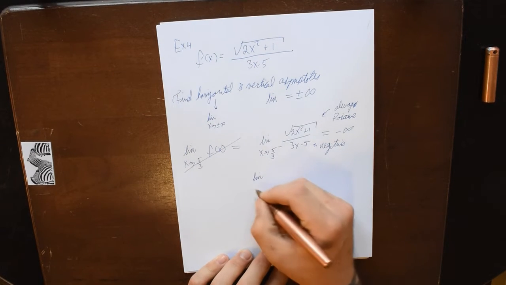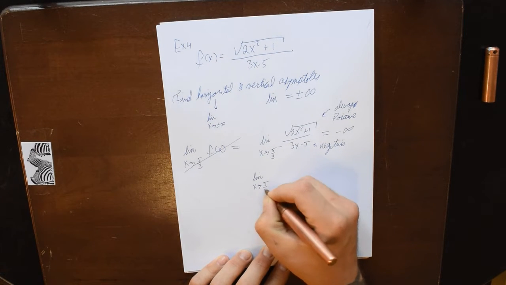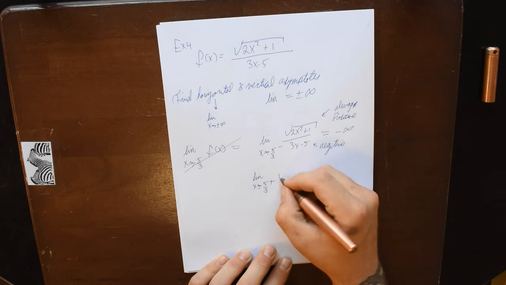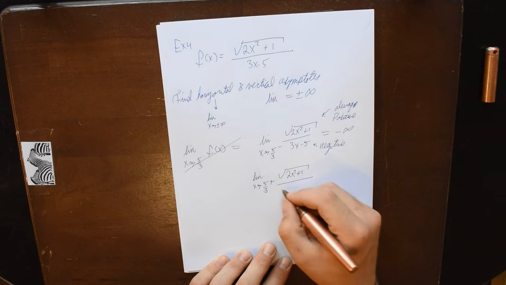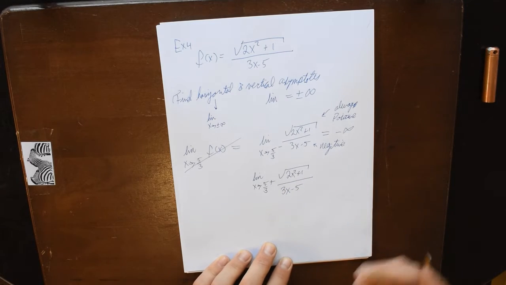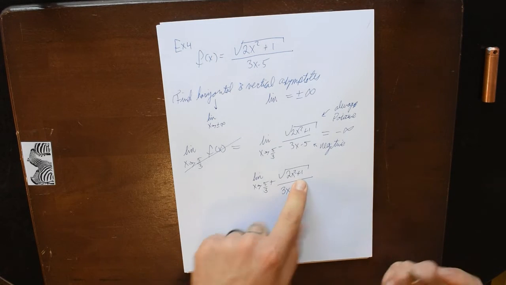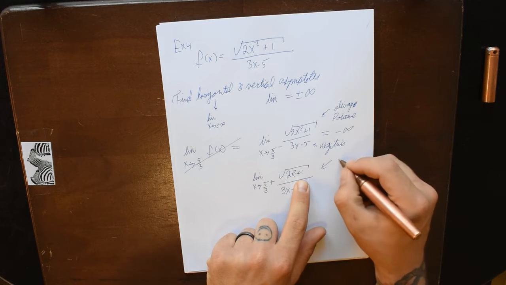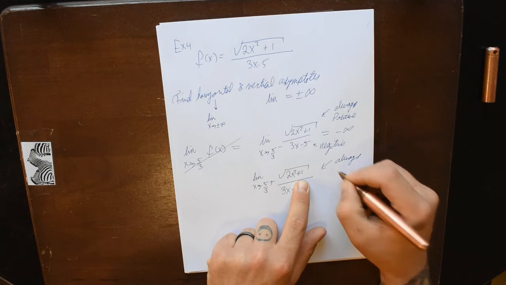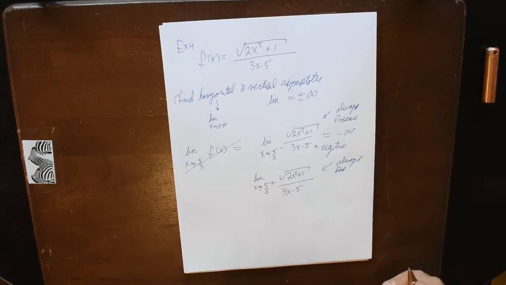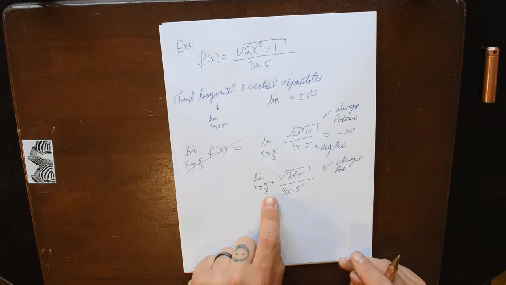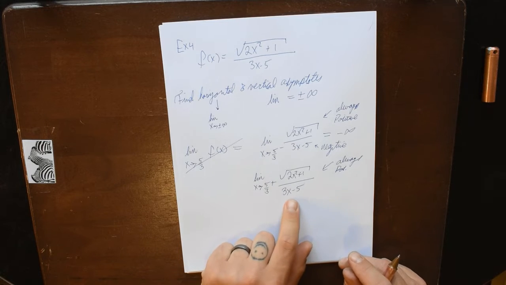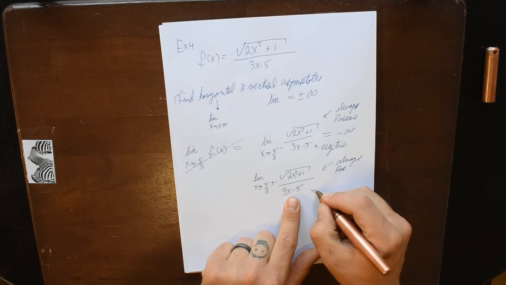We take this limit as x approaches 5/3 from the right of the square root of 2x squared plus 1, all divided by 3x minus 5. Once again, the numerator is always going to be positive. And all the values that we're going to plug in for x are going to be bigger than 5/3, so this denominator is always going to be positive.